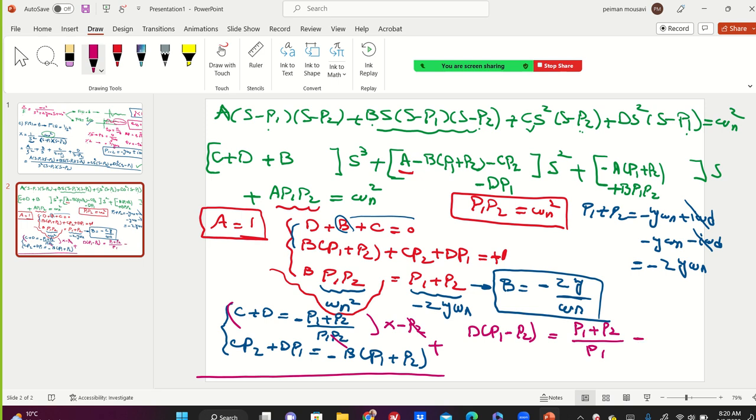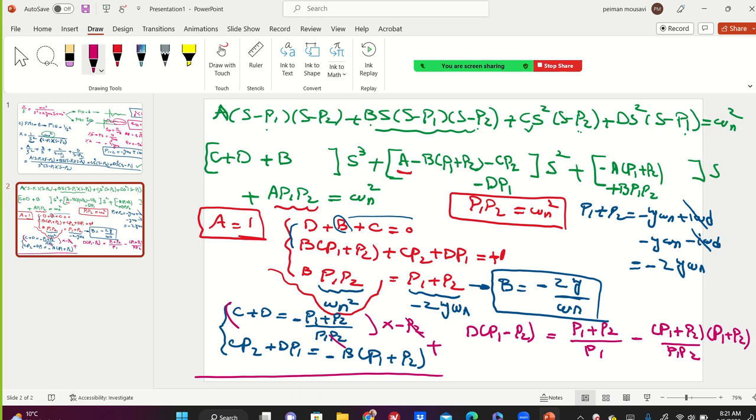Minus B in P1. B was what? B was P1 plus P2 divided by P1 P2, multiplied by P1 plus P2. It was B, right?